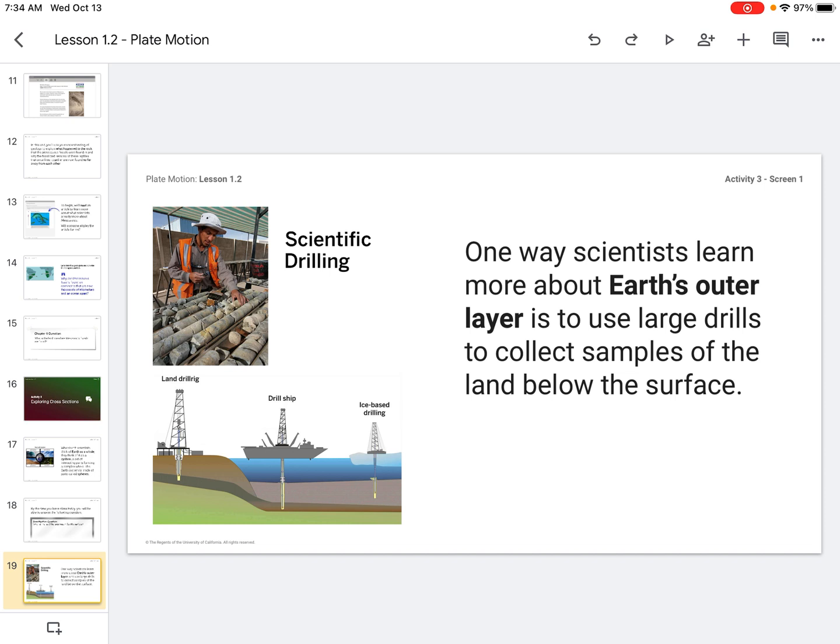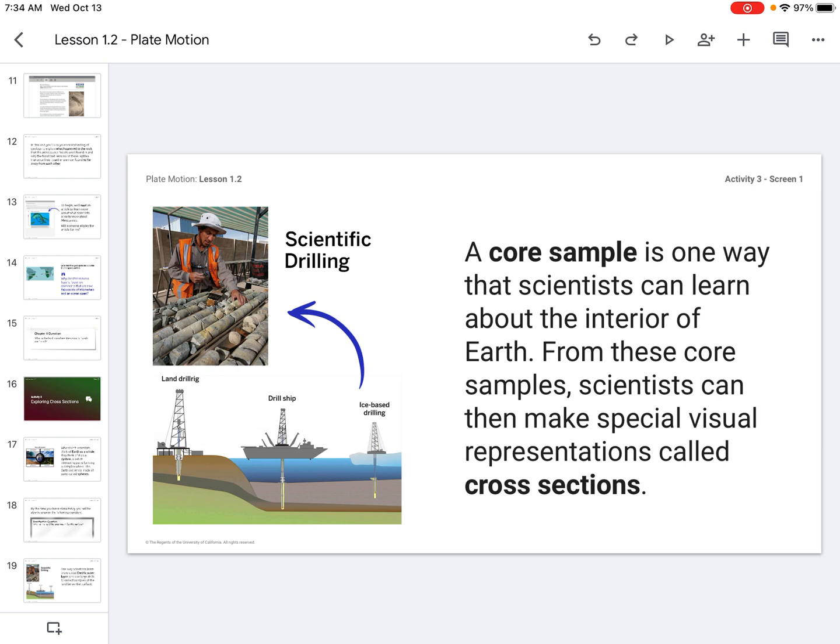One way scientists learn more about Earth's outer layer, and I think I've got the vocab word there, but if I'm not, I'm going to come back and explain what I mean by outer layer. One way scientists learn more about Earth's outer layer is to use large drills to collect samples of the land below the surface. If you notice, this guy right here is looking at something called core samples.